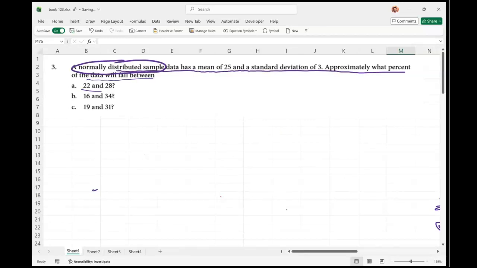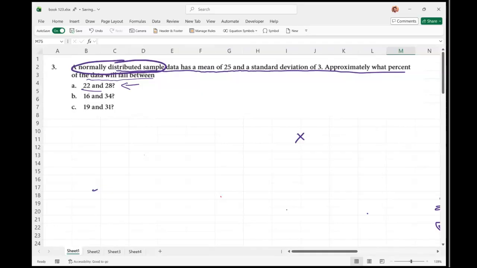What is the empirical rule? The middle 68% of the data will lie within one standard deviation, 95% within two standard deviations, and 99.7% within three standard deviations. Because of that, you will be able to figure out the different values.